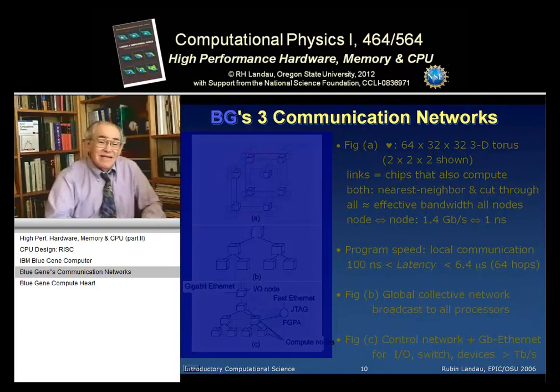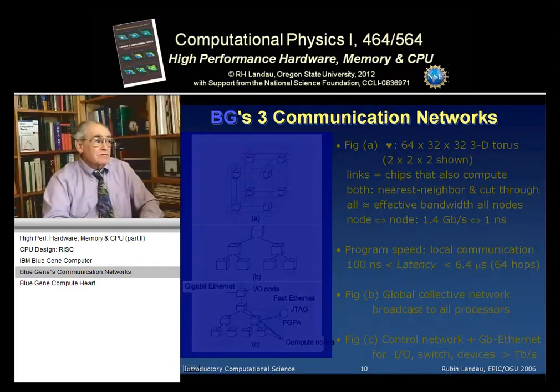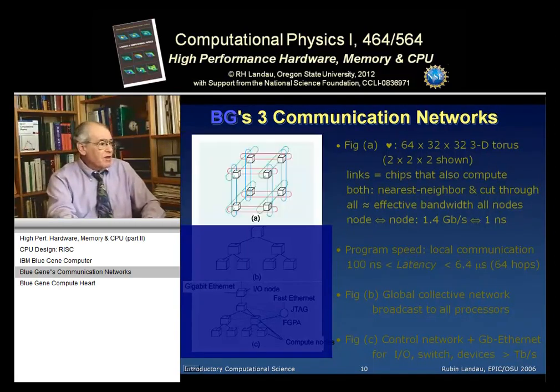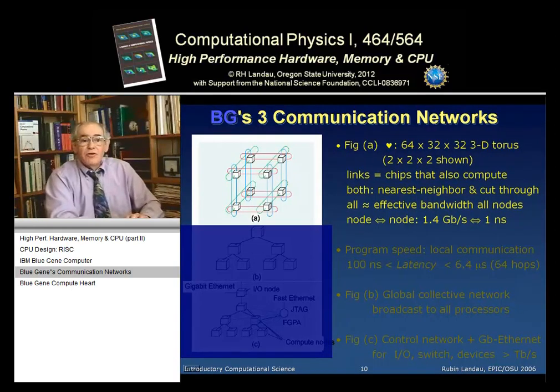But as we've seen, it's not so much the central processing now. When you put thousands and tens, 65,000 computers together, it's the communication that matters. So let's take a look now at slide 10, and we'll talk a little bit about how the communication goes. So the heart of the communication network is what's known as a three-dimensional torus.